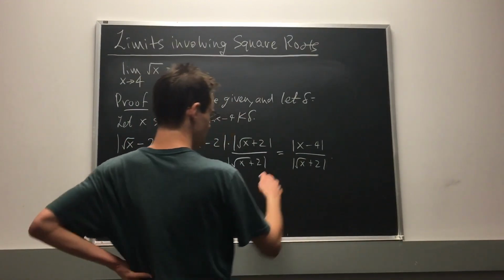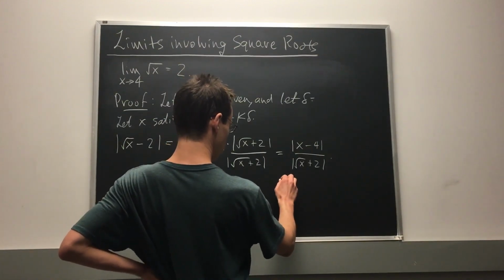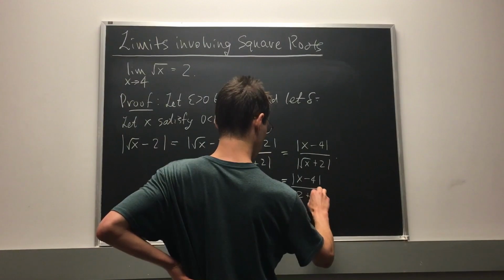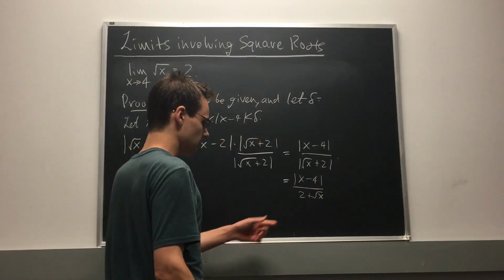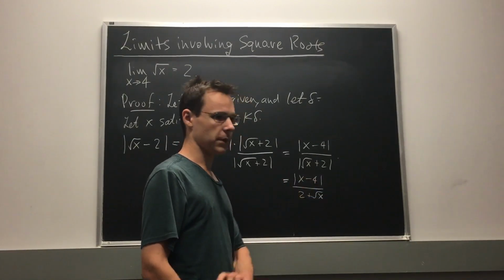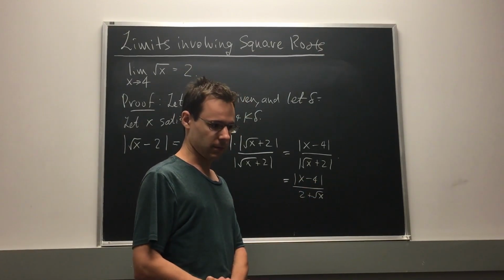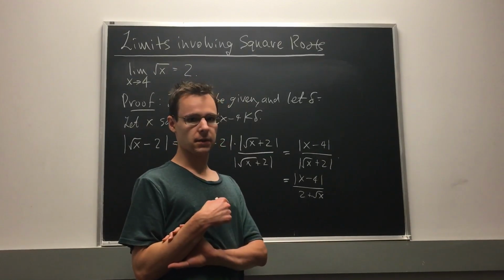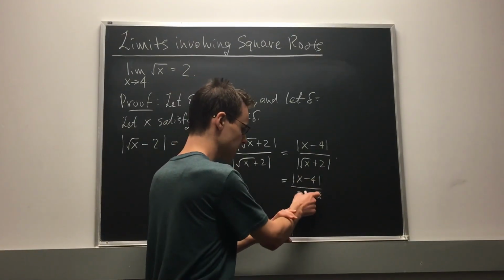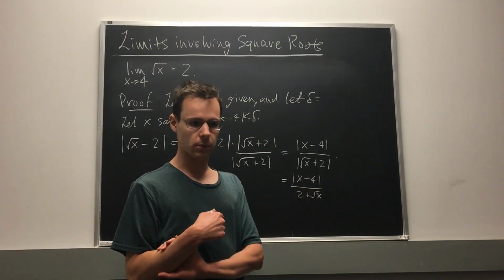So actually, at this point, we can say that this is equal to |x - 4| over 2 plus root x. Now, root x is always positive. That means it's always greater than or equal to 0. So 2 plus root x is always greater than or equal to 2. Notice that the smallest the denominator can be is 2.